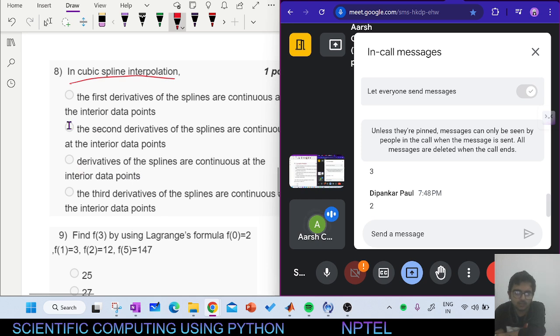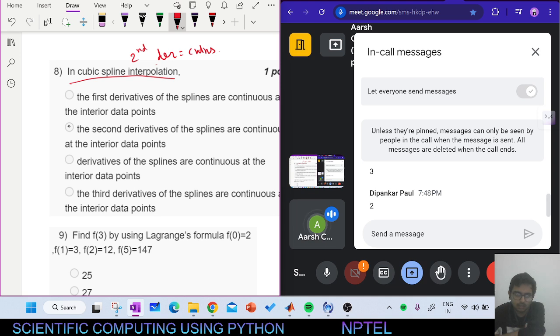First of all, it is mentioned in the class notes that the second derivative is continuous. This is undisputable. Now, what it means for these three options: if the second derivative is continuous, which means that the first derivative is continuous, right?